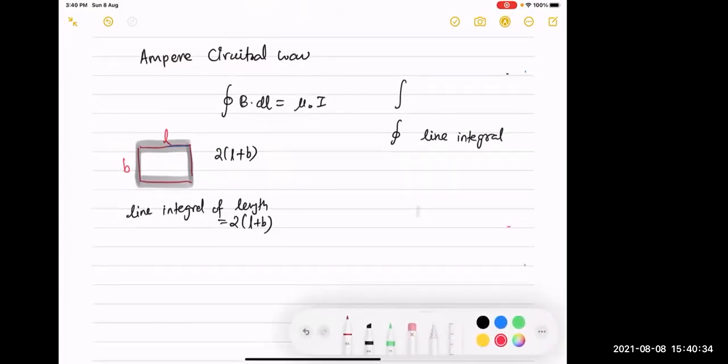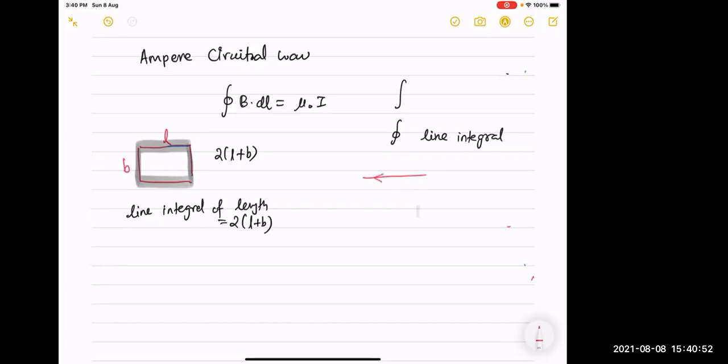Or I'll give you another example. Suppose there is some field, electric field or magnetic field or any field. Suppose there is a red color field going from right to left, and suppose its value is 50 units, I don't care what units.